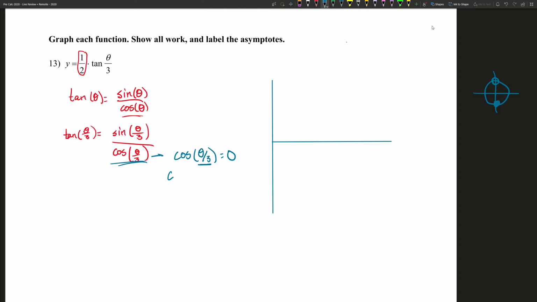So we need when theta over 3 is equal to pi over 2. So theta is equal to 3 pi over 2. And, right, so we're going to find two of them. Then theta over 3 is equal to 3 pi over 2, so theta is equal to, nope, 9 pi over 2.